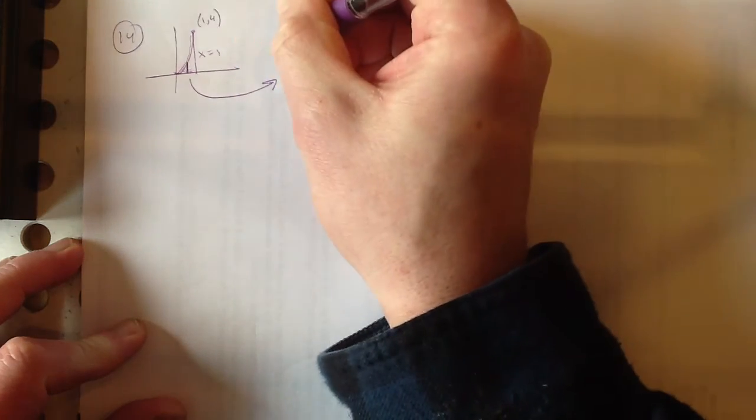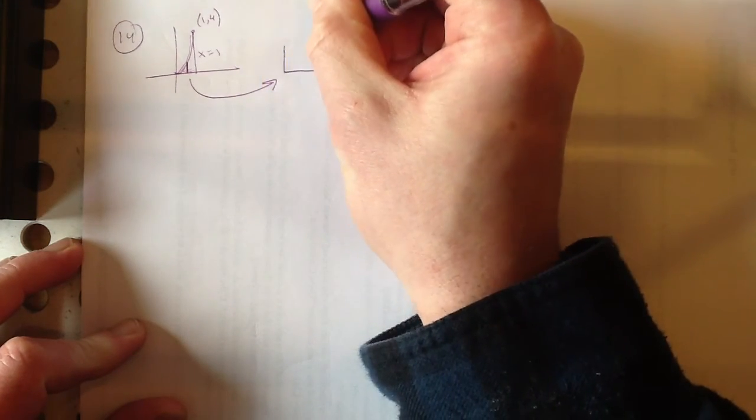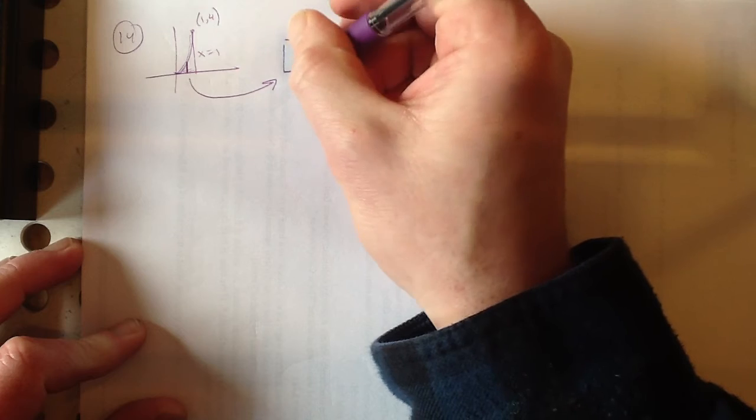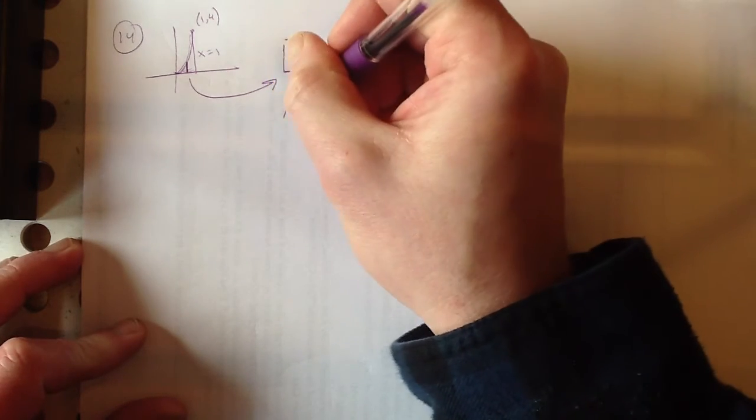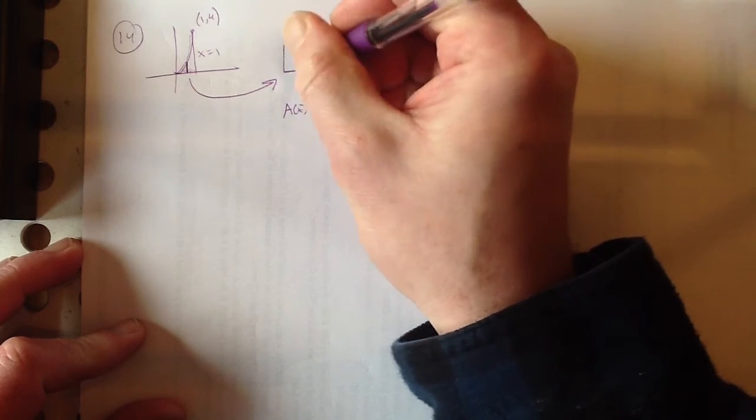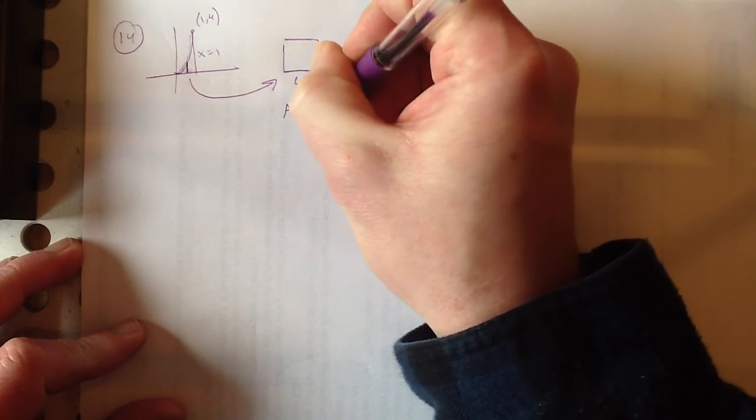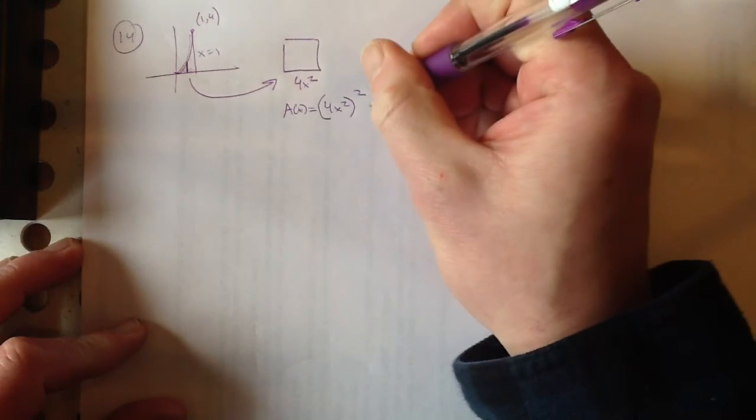And each plane section, each slice perpendicular to the x-axis is the side of a square. So that means the side of each square is the function itself, and the area of each one of the cross sections would be the side squared.